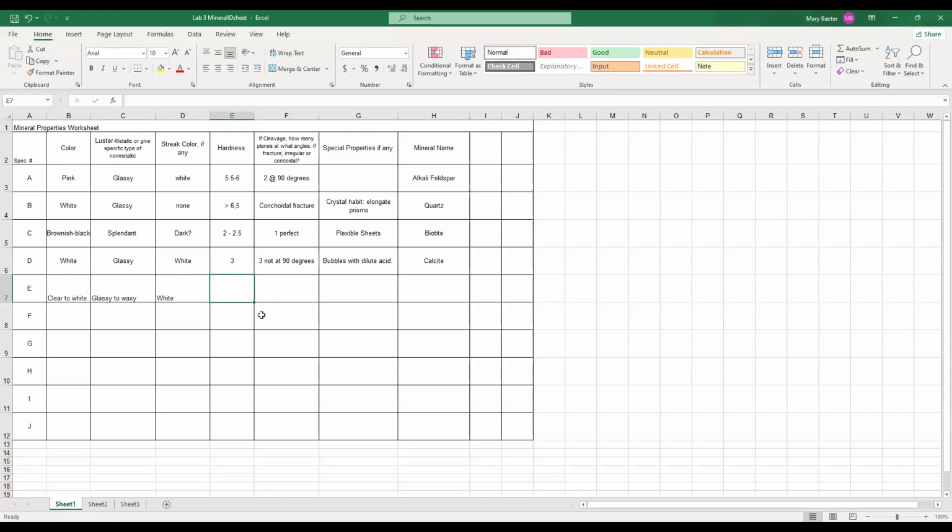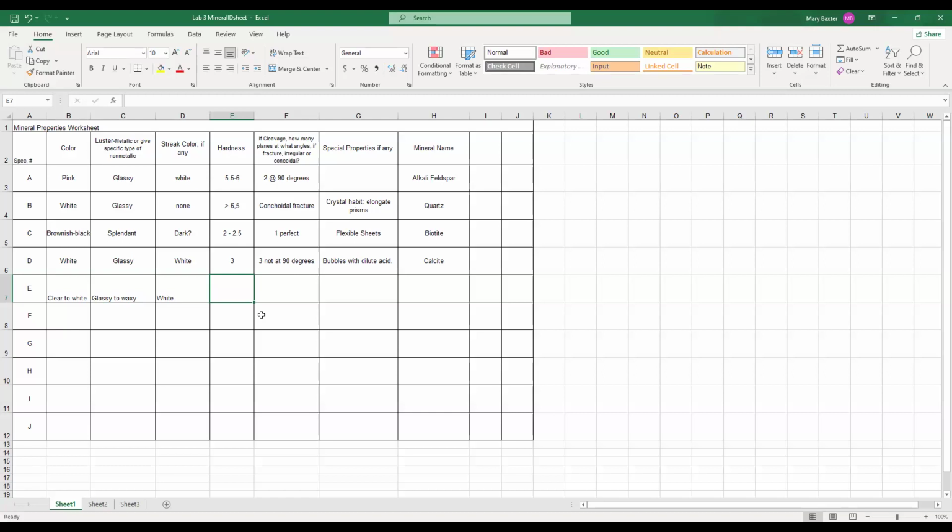And then hardness. Well, it's definitely less than 6.5. Can it scratch glass? Nope. I tried. Nothing. Can we do damage to it with maybe the softer of the nails if you've got it? Oh yeah, my little nail does damage, so it's got to be less than 4. What about the penny? Can the penny do damage?